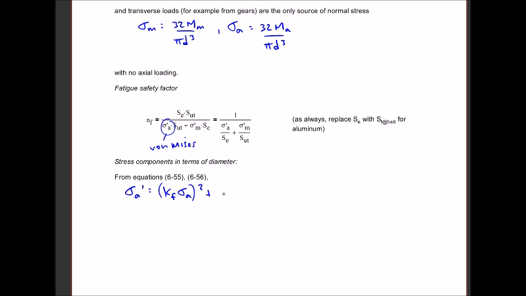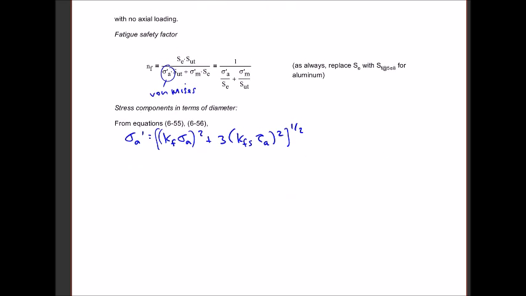I got to square that, and I'm going to have plus 3 times tau squared in the von Mises, except now I'm going to have 3 times the shear stress concentration factor times my tau squared, and all that's under the square root. Okay, and then similarly I'll have sigma m prime. I'm going to have a stress concentration factor times the mean stress squared, plus 3 times KFS times the mean tau, all squared, all to the 1/2.